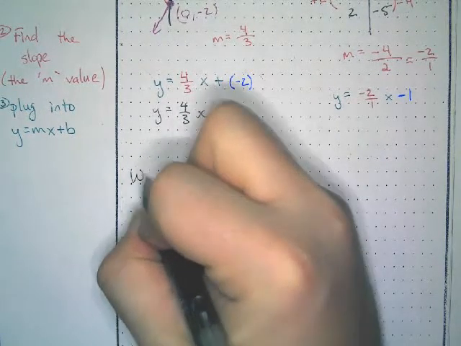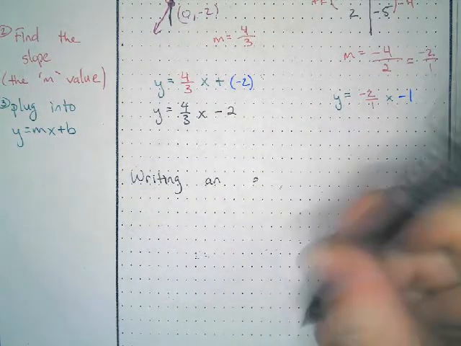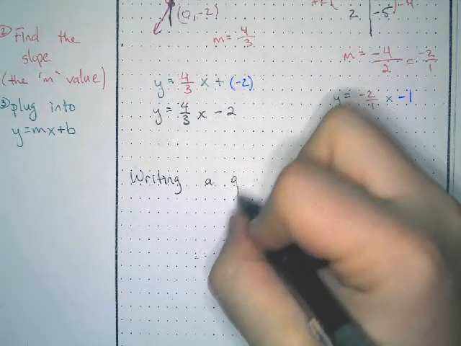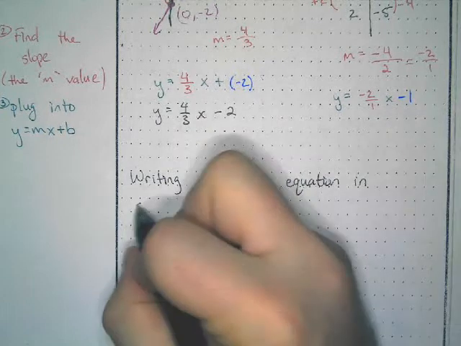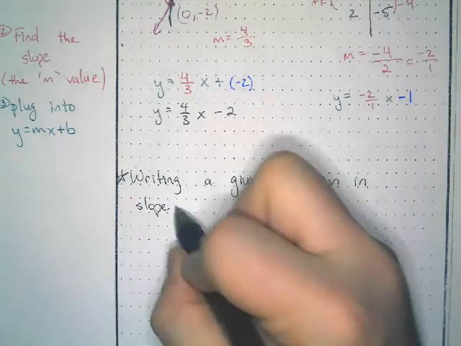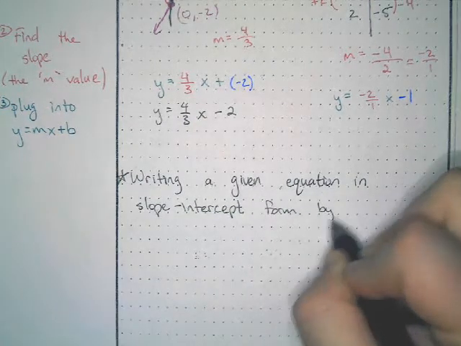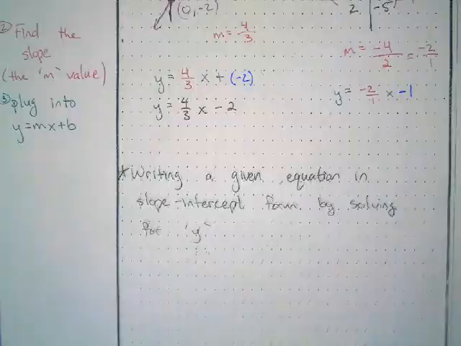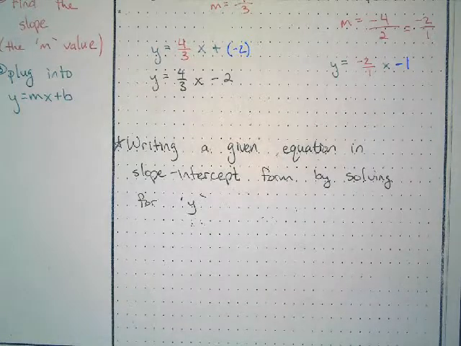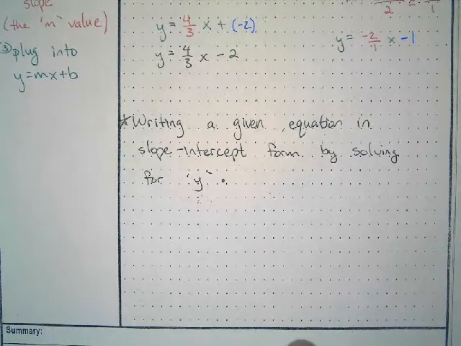So let's say writing a given equation in slope-intercept form by solving for y. So if we're given an equation, all we want to do is solve this equation for y, and then it'll be in that slope-intercept form.